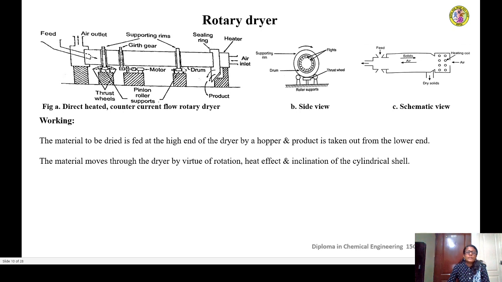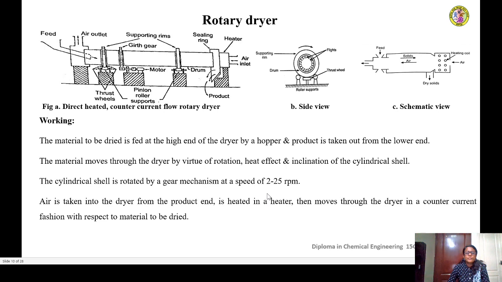So the forward movement of the material from the feed end to the discharge end is supported by the rotational action of the cylindrical shell and also the heat effect and the inclination of the cylindrical shell to the horizontal plane. The cylindrical shell is rotated by gear mechanism at a speed of 2 to 25 rpm.